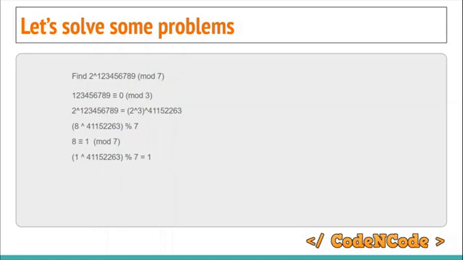Apart from that, the website that I mentioned, brilliant.org, is a really good resource for number theory and other mathematical algorithms. Just go and check out their website. There is a lot to learn from there.